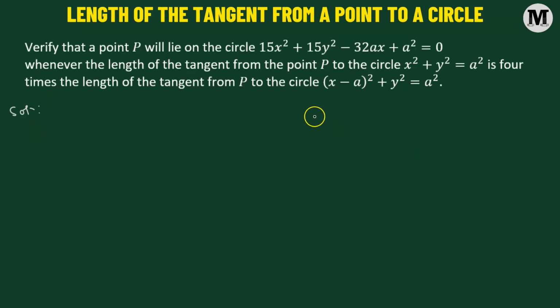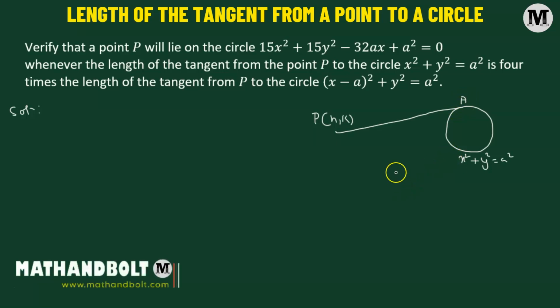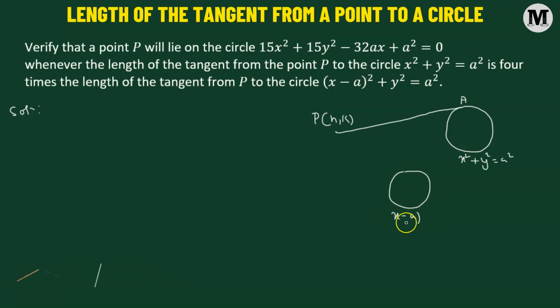If we have a point P, we're going to label this point as point (h, k). Let's say we have a circle whose equation is x squared plus y squared equals a squared. Now from point P, let's say we draw a tangent to the circle at point A. And then we have another circle with the equation (x minus a) whole squared plus y squared equals a squared.